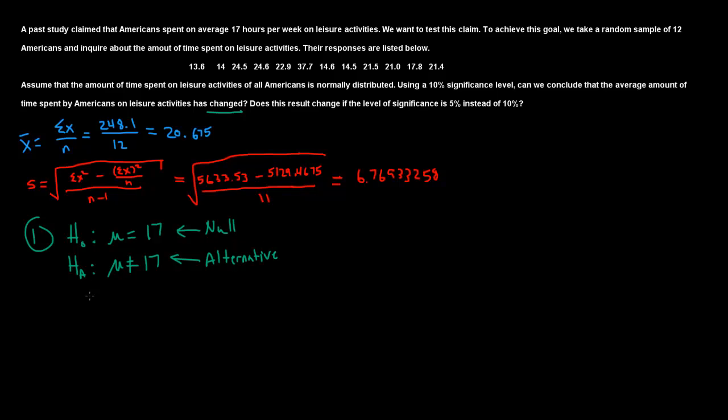Now, that takes care of step 1. Step 2 is to select the distribution. This is the easy part, and I've already told you twice. The whole point of this video is that we're only given sample data. When you're only given sample data, that means you don't know the population standard deviation. Let me rephrase.